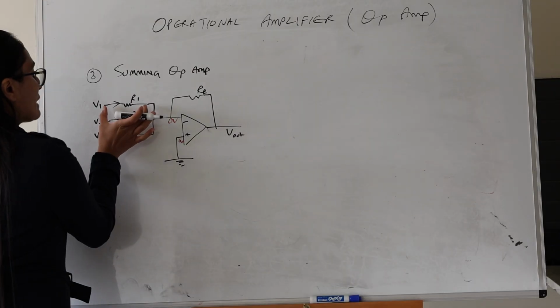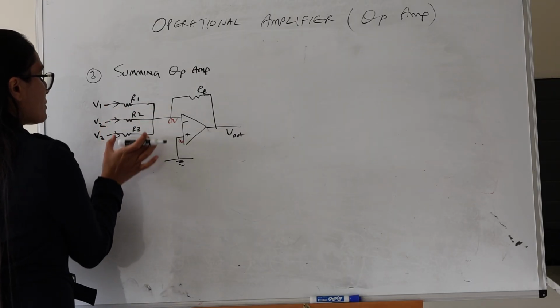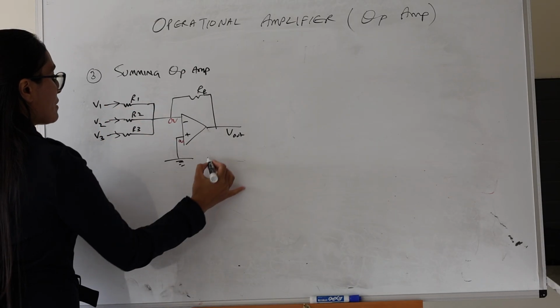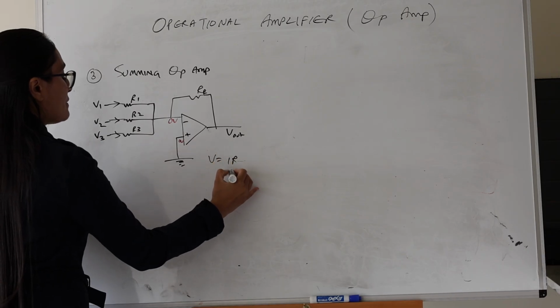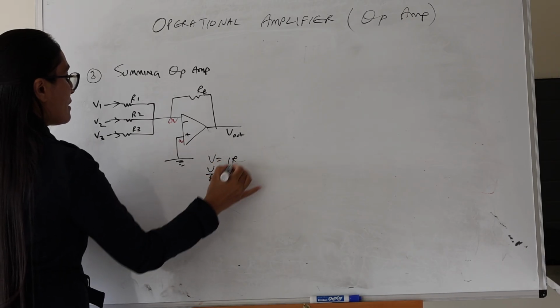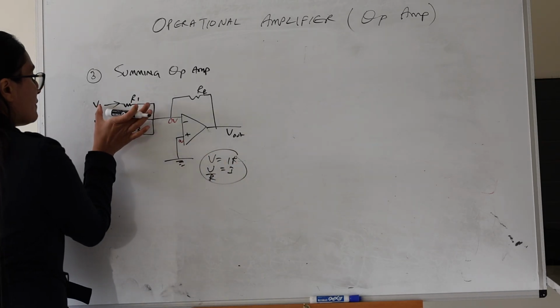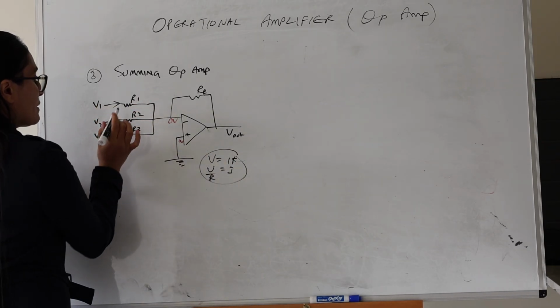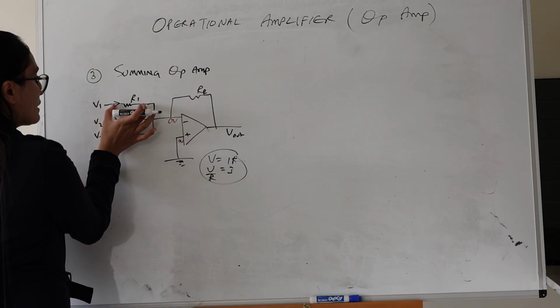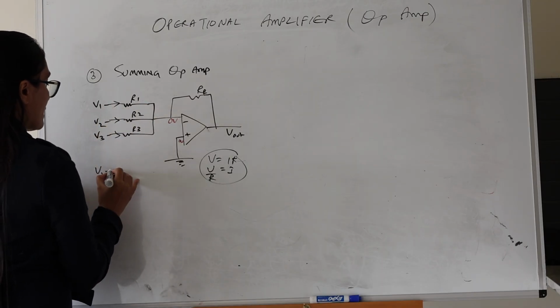So if you were to calculate the current flowing through each resistor, we can use Ohm's law. Again, V equals IR, therefore I is equal to V over R. And for each of these resistors, we know that the voltage drop across this is V1 minus 0.